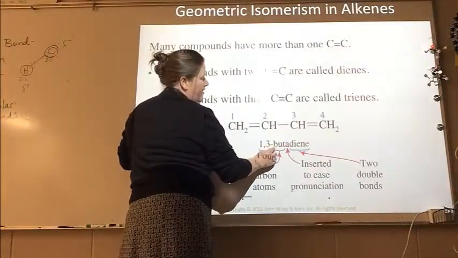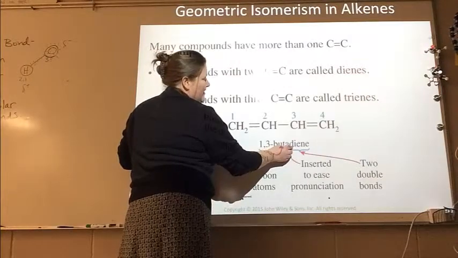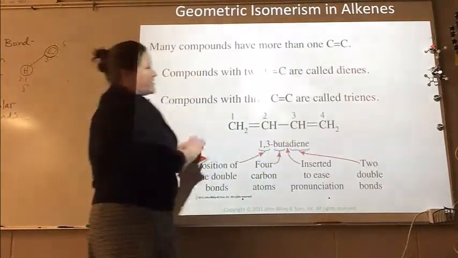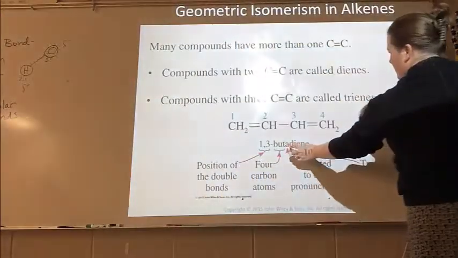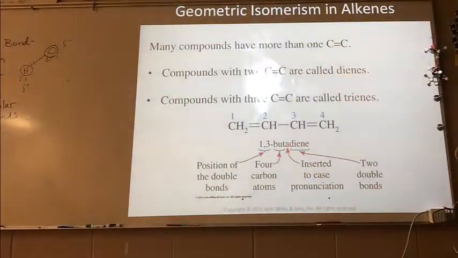So 1,3-butadiene, diene. These are called dienes. You see the word diene in the name. If you have a diene within a four-carbon chain, it would be called butadiene.